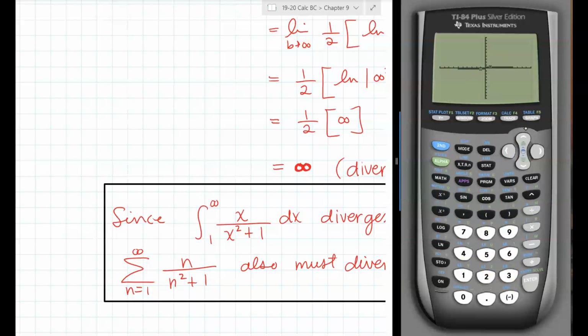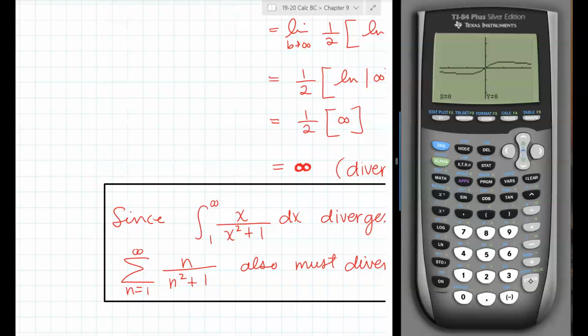I know it's kind of hard to see, but let me zoom in a little bit more, right to the center. You're going to notice that the function itself, from 1 to infinity, is above the x-axis, it is decreasing, and it is continuous. It's basically going to approach zero as close as possible, but it's never going to get there. So I just wanted to show you that that was the case.